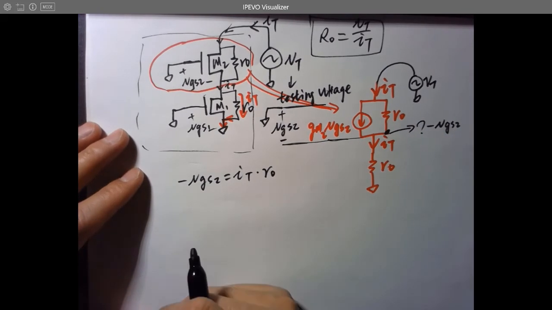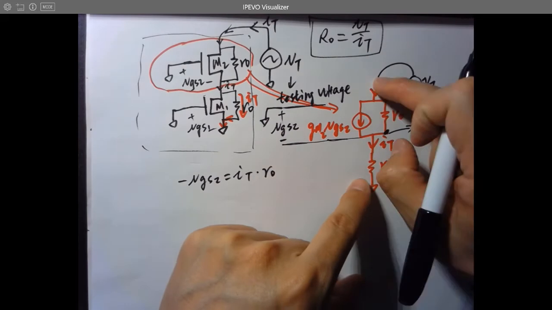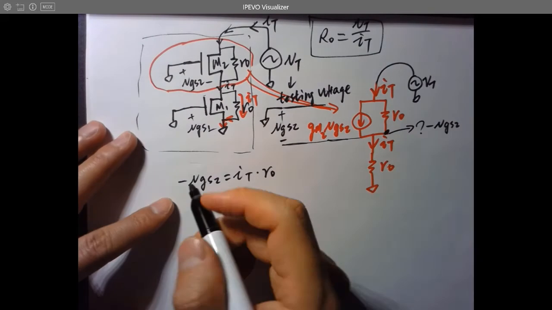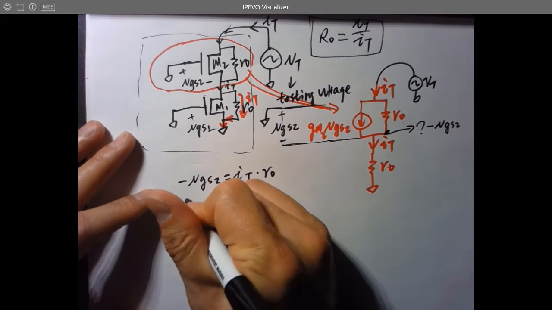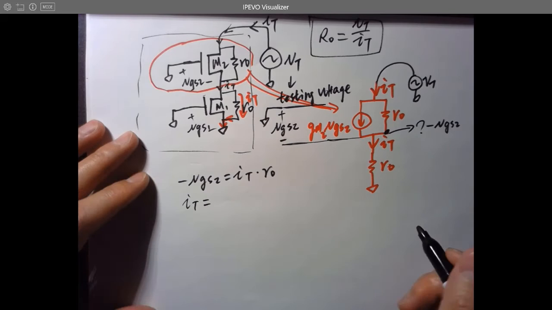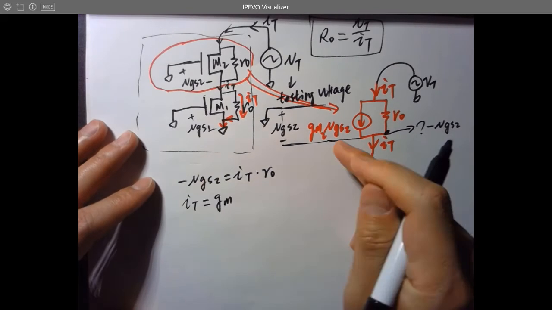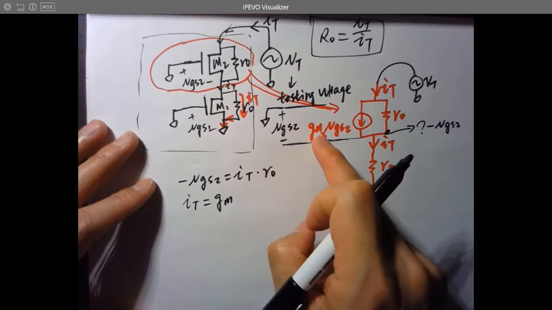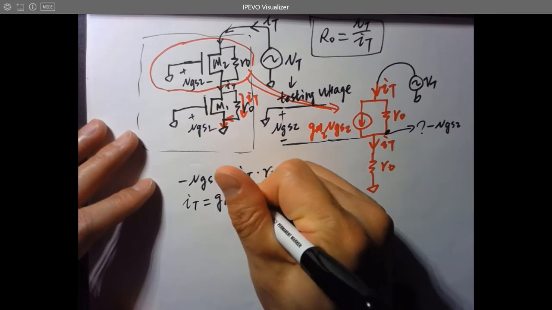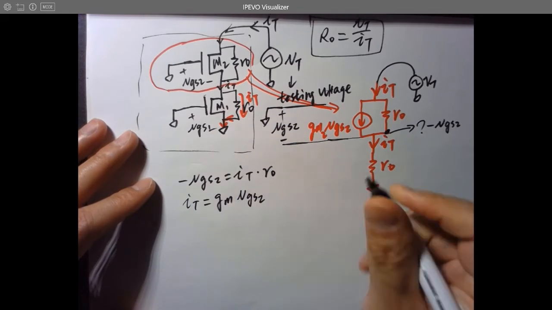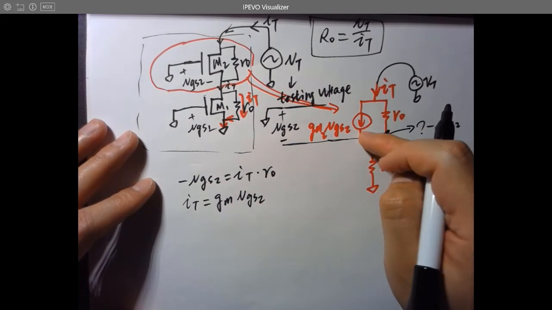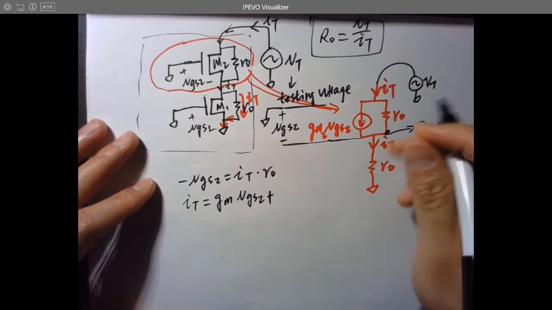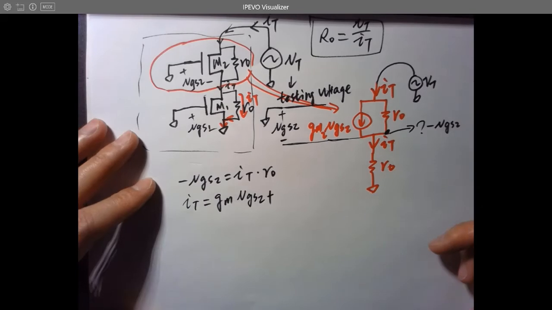What about the second one? You're looking at here is a current divider. So IT actually equals to what? GM. Let's assume they have the same GM. So GM VGS2, which is the current in this branch, plus what? The current in this branch. What is that current?